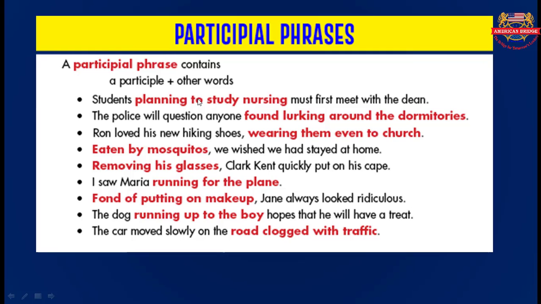We can say it another way: we are eaten by mosquitoes, but here we use the past. Perhaps we say we wish we had stayed at home, otherwise we are eaten by mosquitoes.